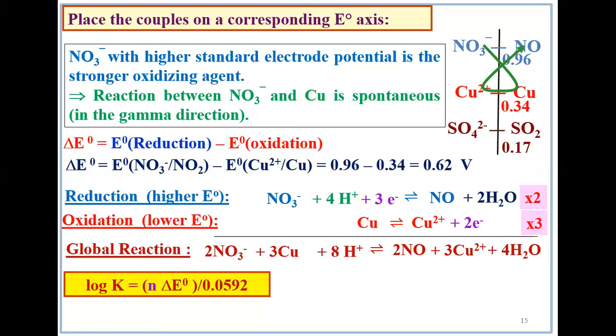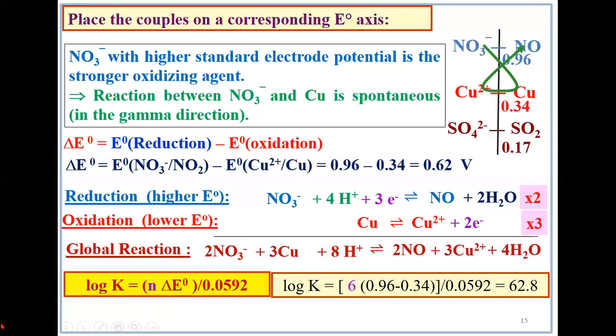Well, we have no idea. There's no expectation for the K because this is not a one-to-one equation. If it were one-to-one, the K would be complete if the delta E is greater than 0.25. But it's not, so I have really no expectations other than a calculation.